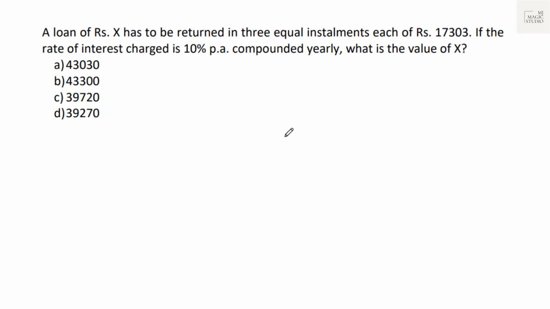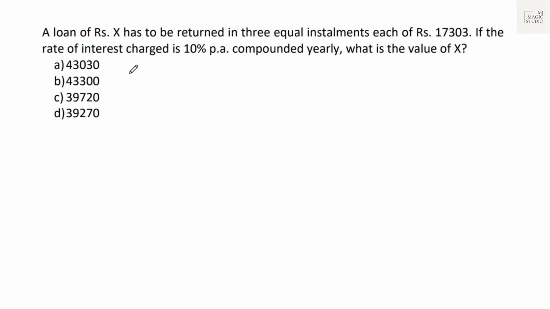Introducing loan and installment questions, and how we solve them using the present value concept where the compound interest rate is given. A loan of rupees X is to be returned in 3 equal installments, each of 17303. If the rate of interest charged is 10% compounded yearly, what is the value of X?